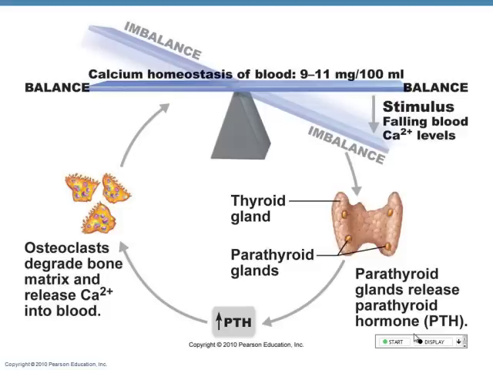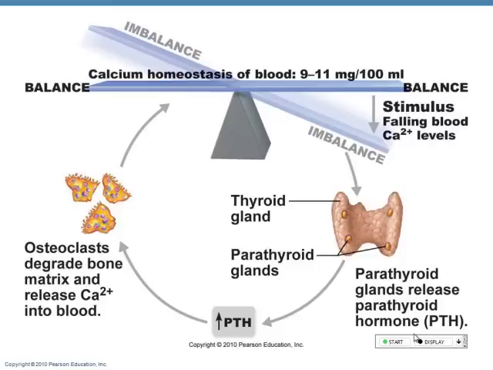Calcium starts to fall in our blood. You didn't eat breakfast this morning. That means you're going to die. No. When calcium levels start to go down, that's going to give a signal to the parathyroid glands. The parathyroid glands are going to release their hormone. Luckily, it's called after the gland in which it's secreted: parathyroid hormone.